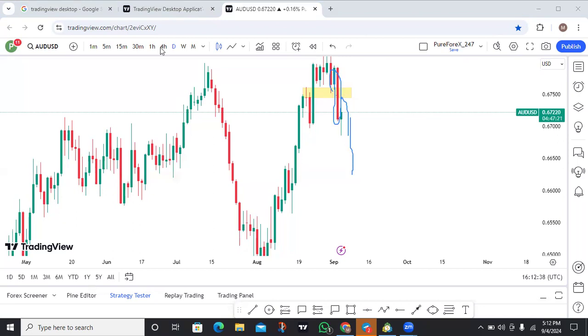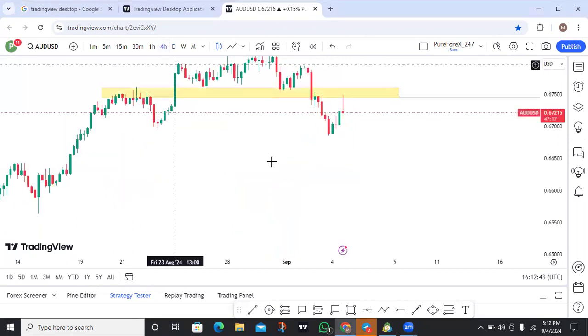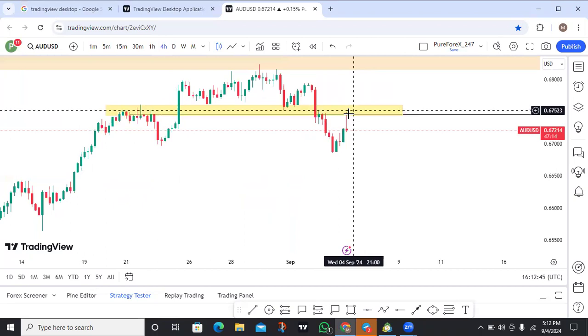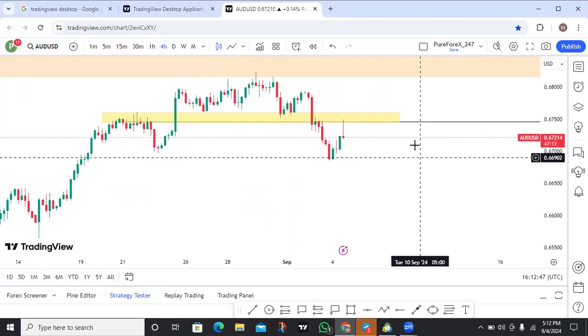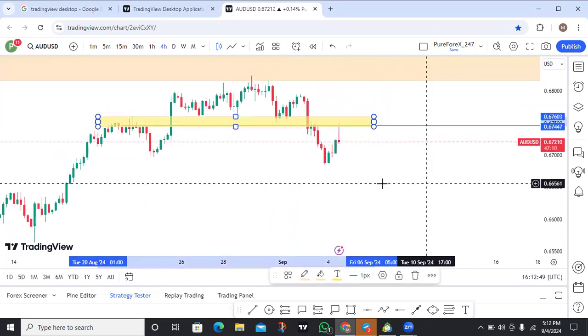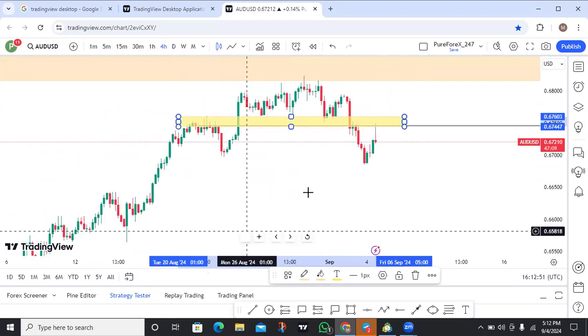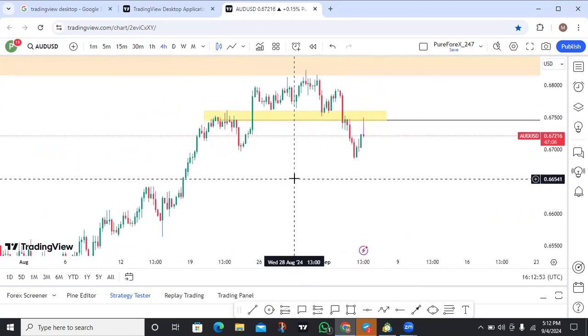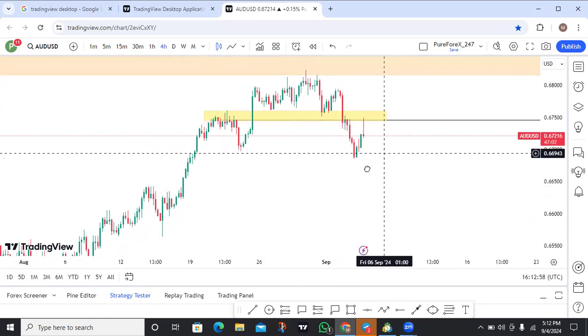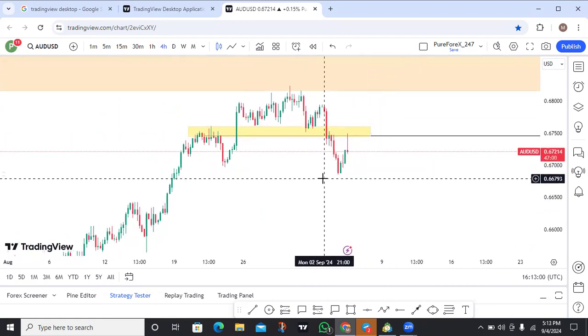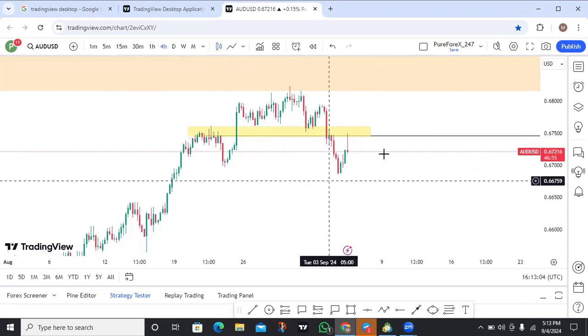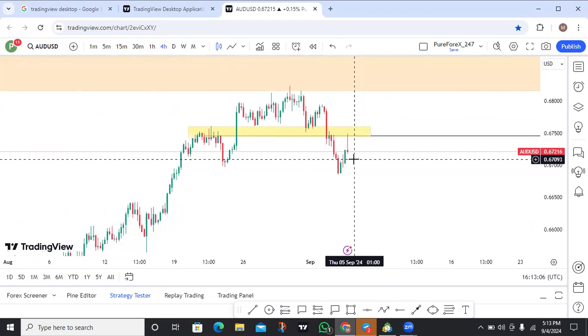But also because of today's news, price reacted here, got here and started rejecting back down because that is the QM level. So if you are on this particular one as well, maybe you would have been in profit for like 2 hours now. Maybe you would have held the trade as well. But then if you haven't got in, that is why I'm doing this video for you guys to join.